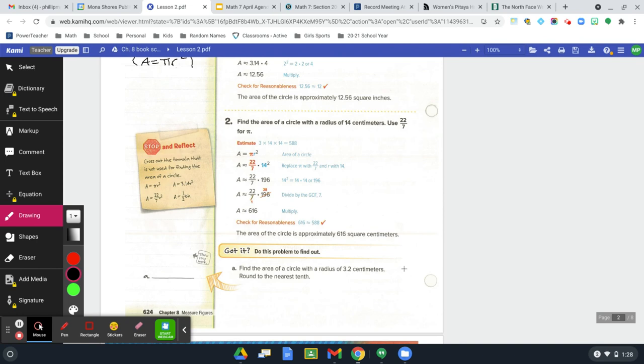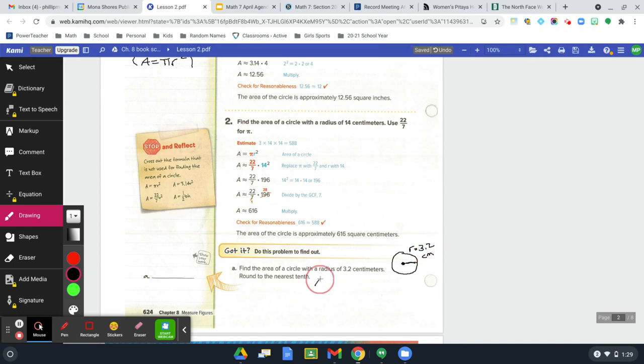It's fine. You can work the problem out with just the story. Or if you need to see what that looks like, you can draw it. This has a radius from the center point of 3.2, and it's centimeters. All right.